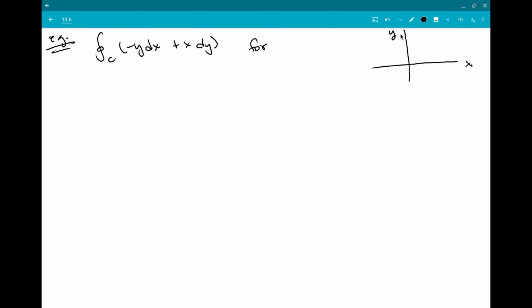Here's x, here's y. That's like a circle with radius 1. And the path is going to move in this direction.